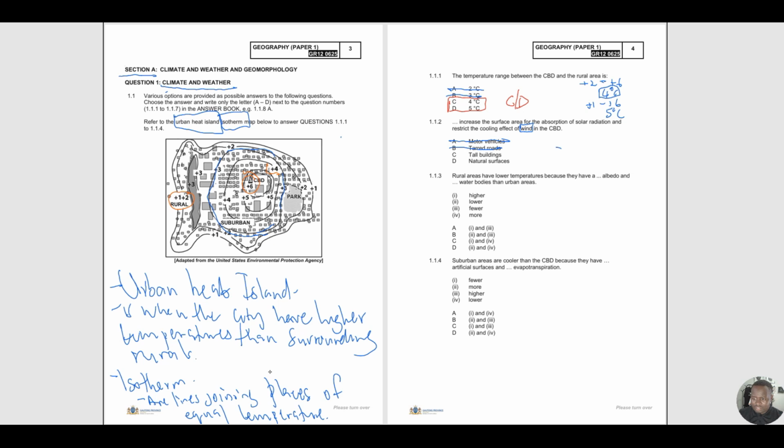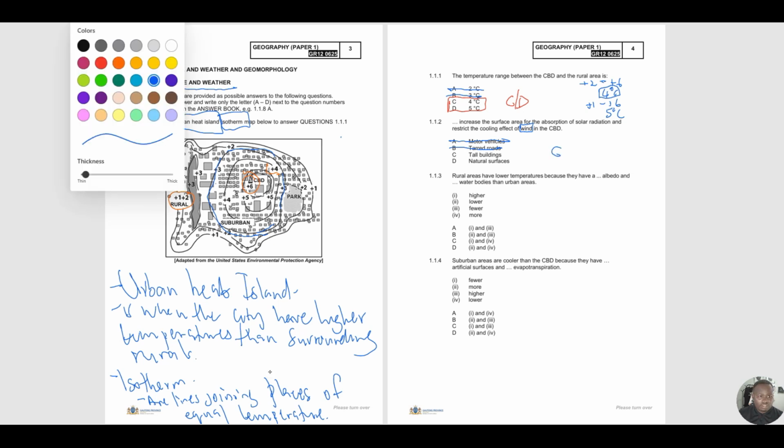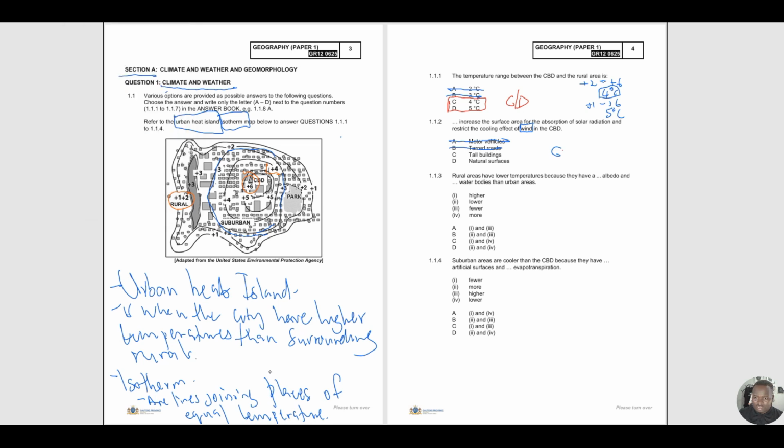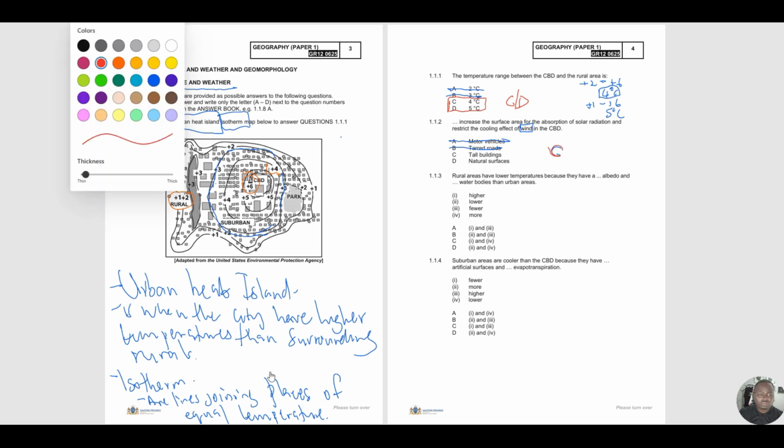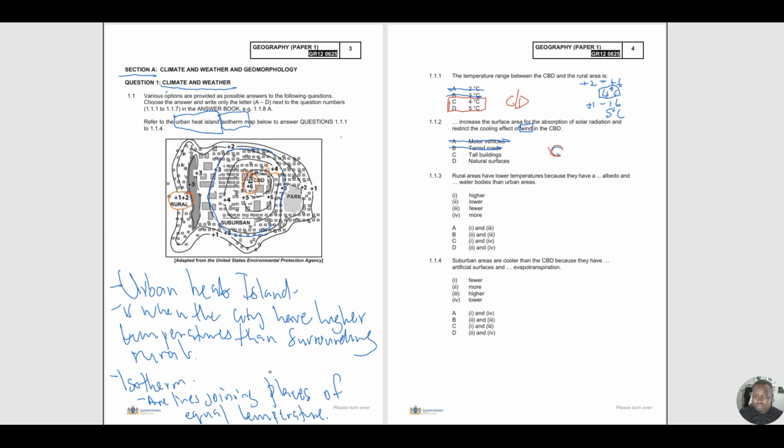So the answer here is C. Because natural surfaces they will promote the cooling effect, so it's wrong for this one. So the answer is C.